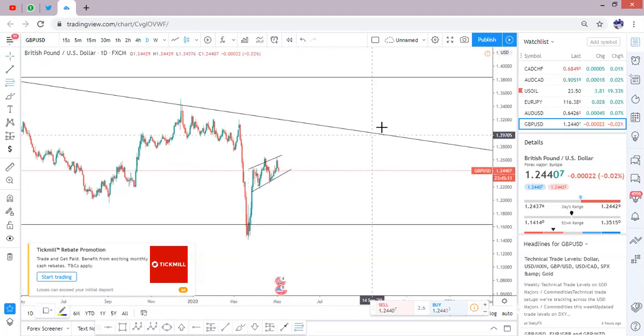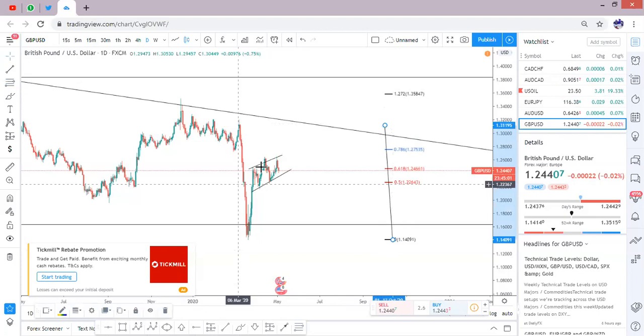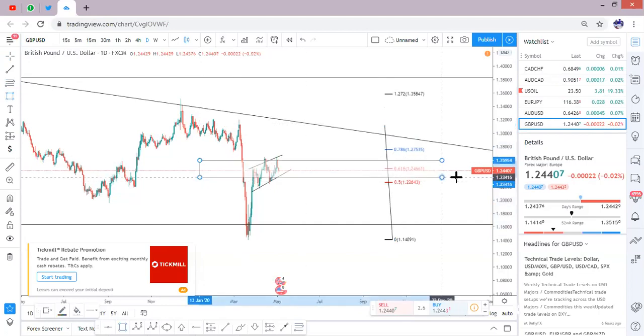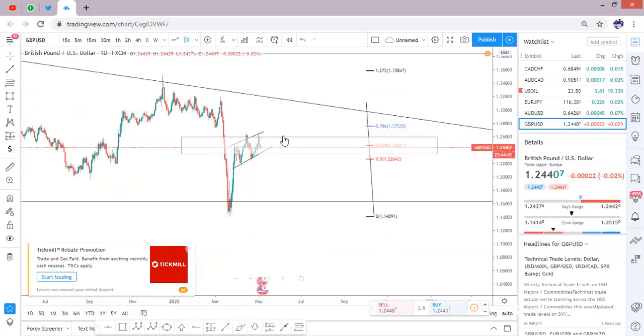To complement this impulse, maybe we already have the completion of our correction. Currently the price is roaming around the 61.8 area, which gives us an indication that the pullback is complete.